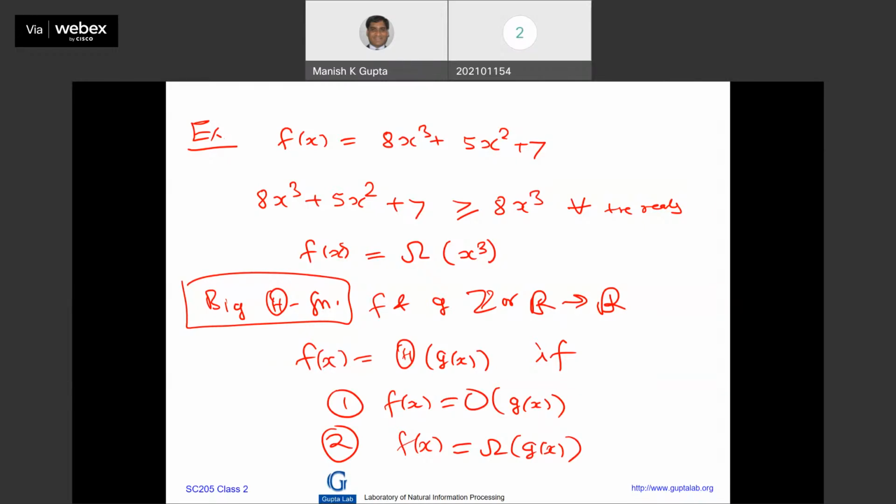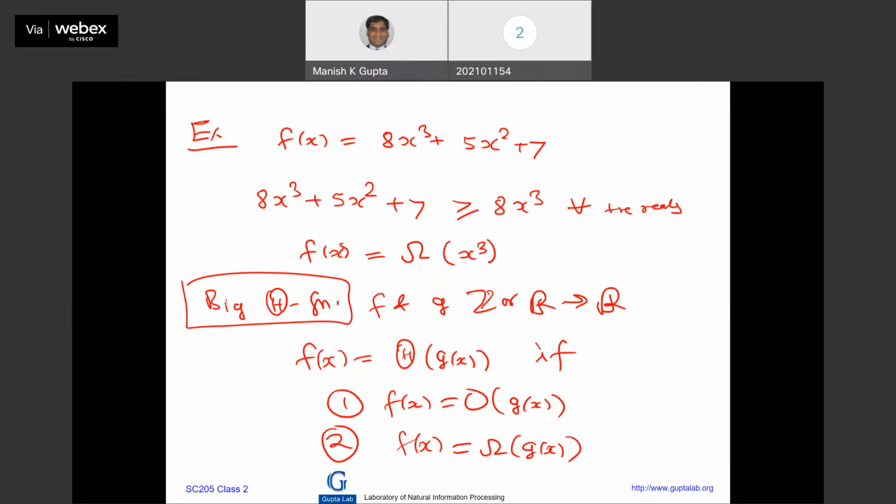Okay, now the time is to do some calculations. So remember, these three notations are important. Big O notation, when mod of f of x is less than or equal to c times mod of g of x whenever x is greater than k. Big omega notation, when mod of f of x is at least c times mod of g of x whenever x is greater than k.